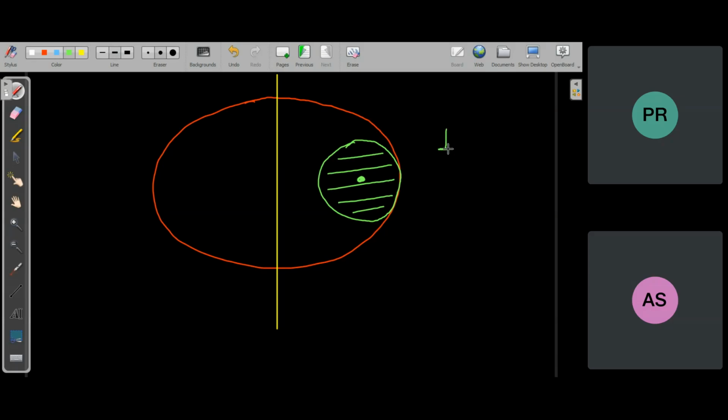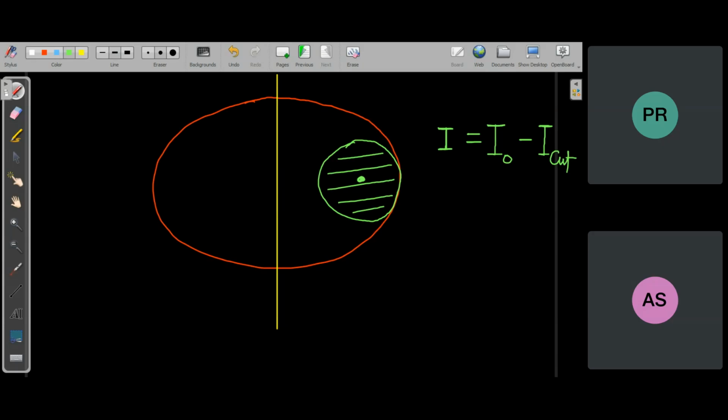Means after cutting, what is the moment of inertia? So the moment of inertia after cutting will be, first of all, the moment of inertia of the whole body about the axis, minus the moment of inertia of the removed part, the cut part.